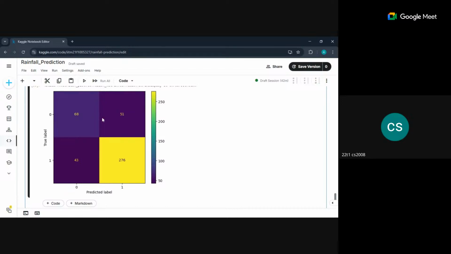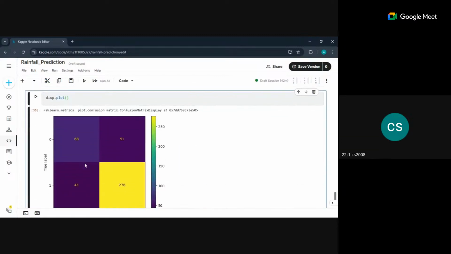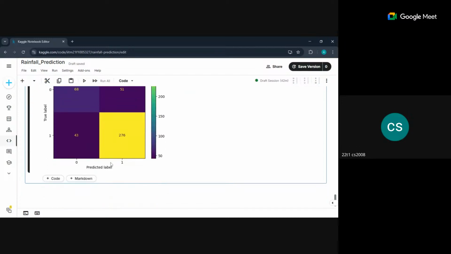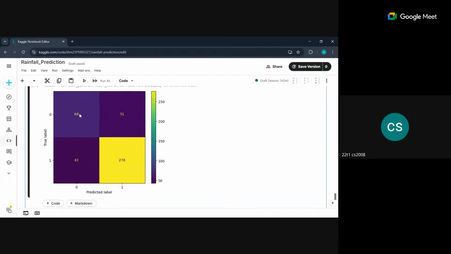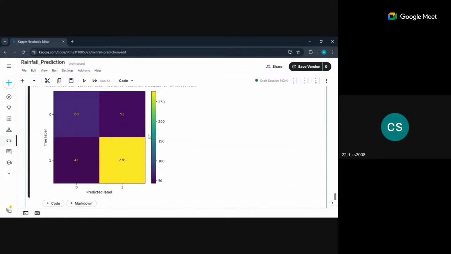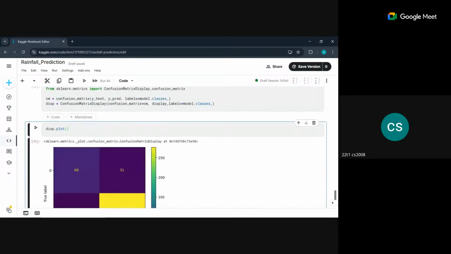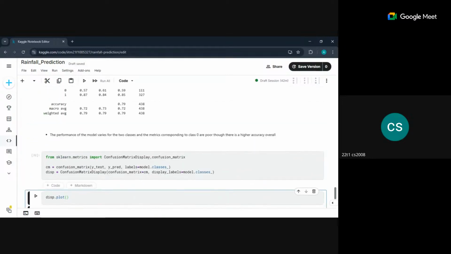So 68 plus 51 should have been nothing but the 111 we saw here. It should have been matching. Why is it not matching? The other number is also not matching, right?